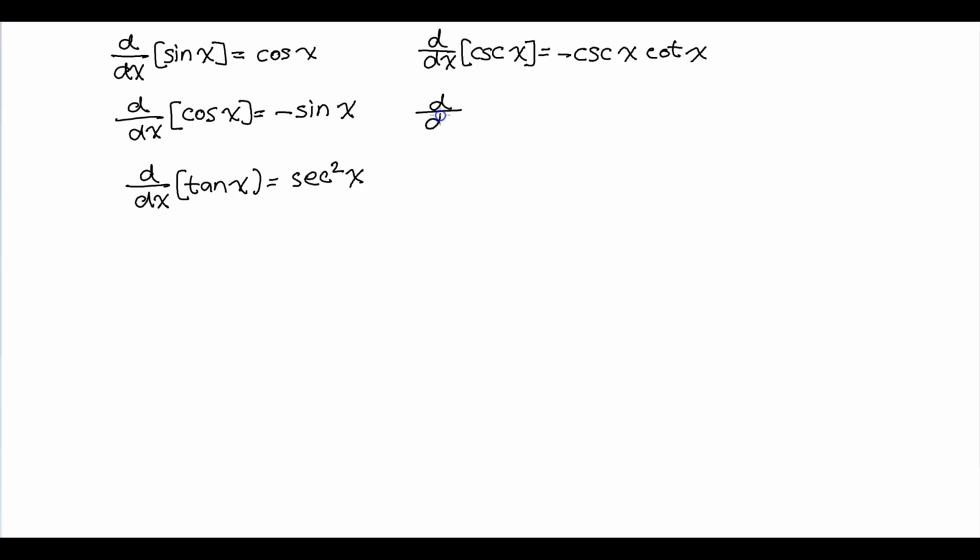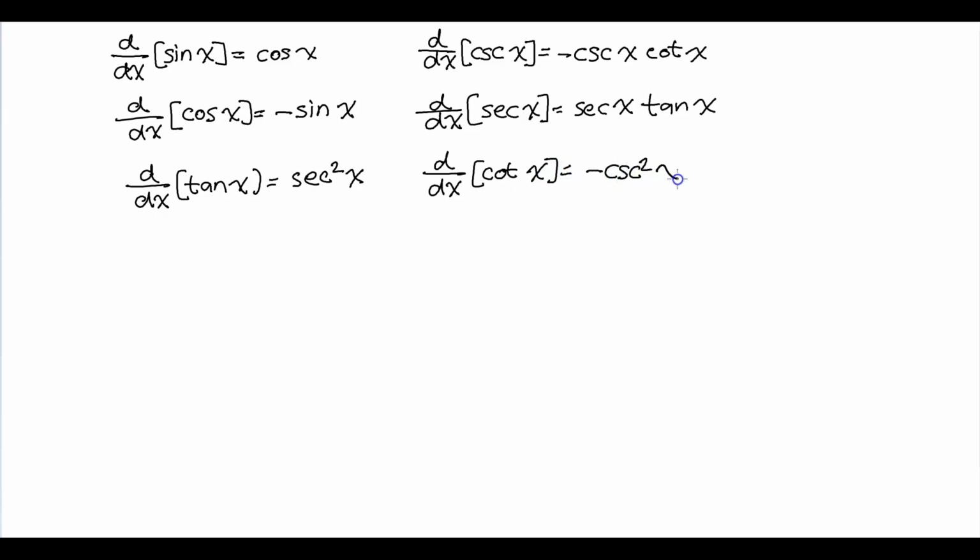The derivative of secant of x equals secant of x times the tangent of x. And the derivative of the cotangent of x equals negative cosecant squared of x.